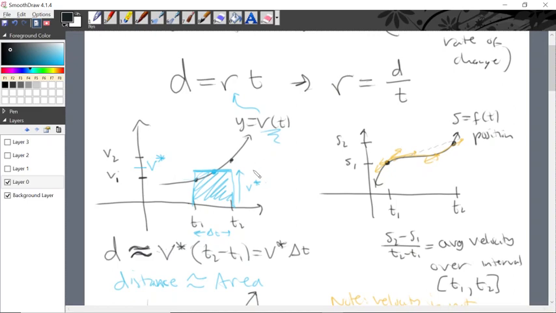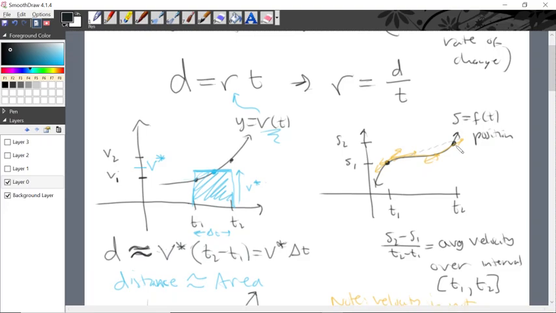That's our geometric introduction to integral calculus. The actual area under the curve has something to do with the antiderivative of the function that defines the curve, just as the slope of the tangent line has to do with the derivative of the function that defines the curve.